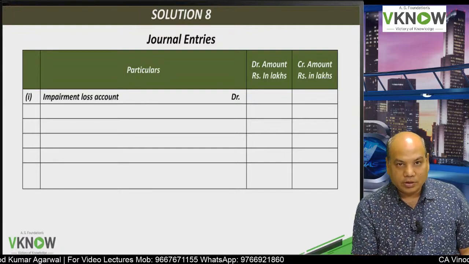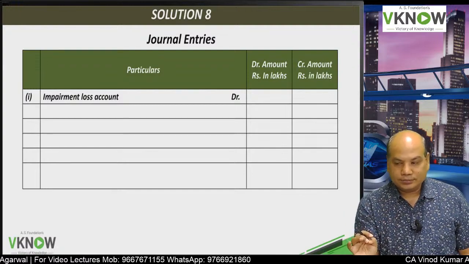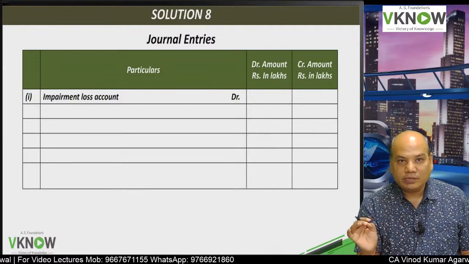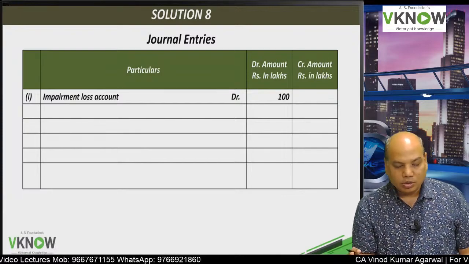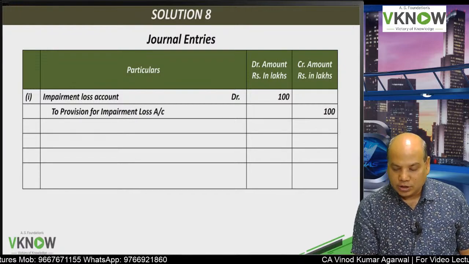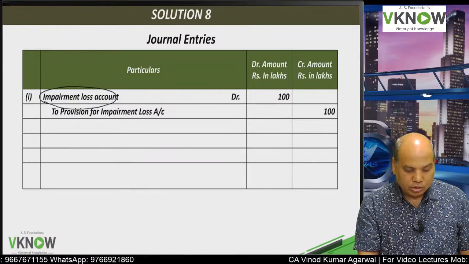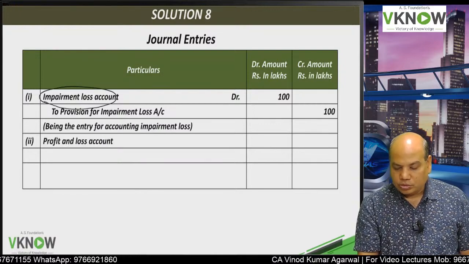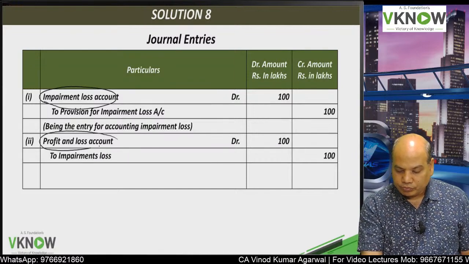Second question is journal entries. Journal entry number 1, is it a revalued asset or a non-revalued asset? It is a non-revalued asset. So my entry would be impairment loss account debit to provision for impairment loss 100, and this impairment loss we are going to transfer to P&L account.